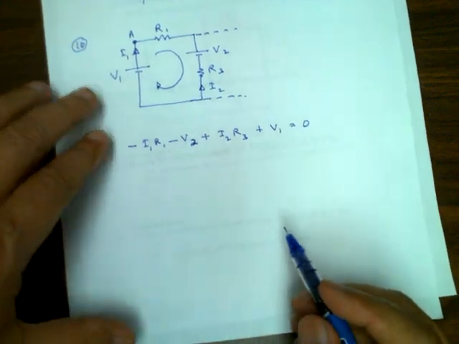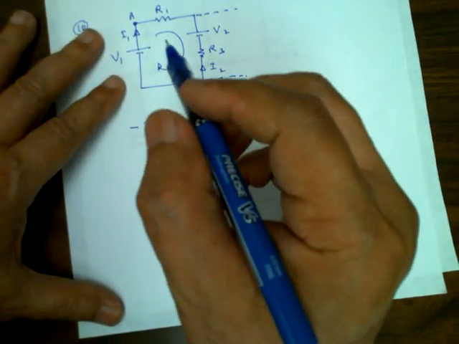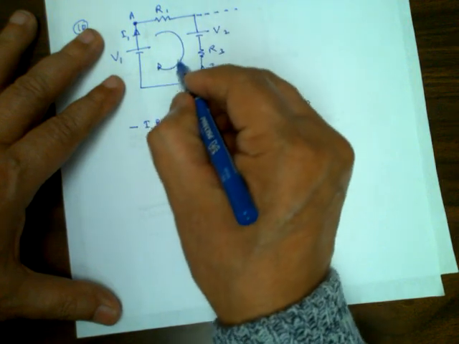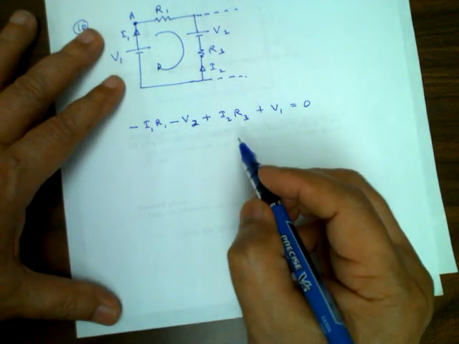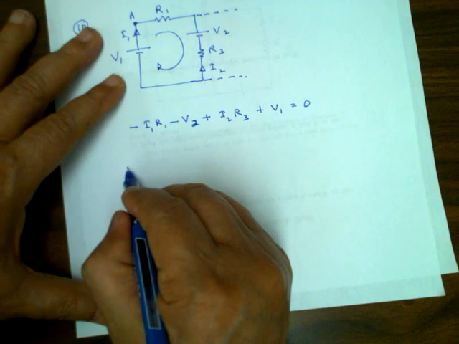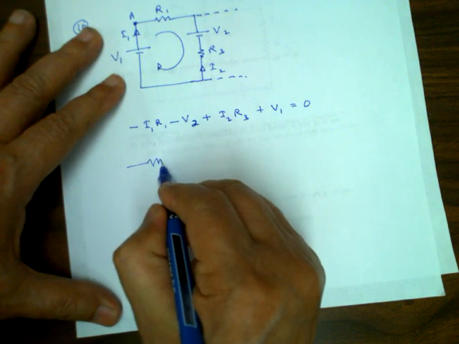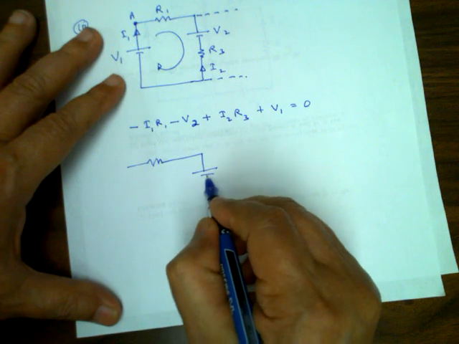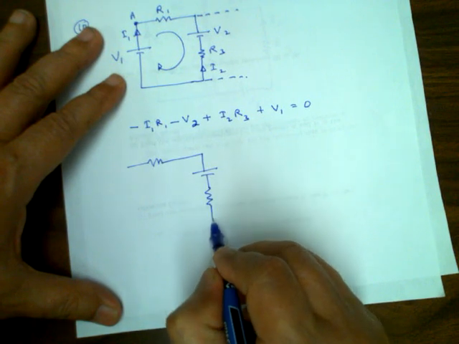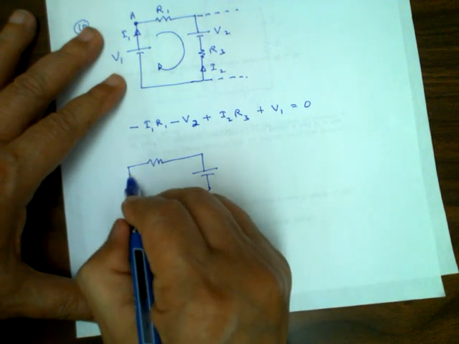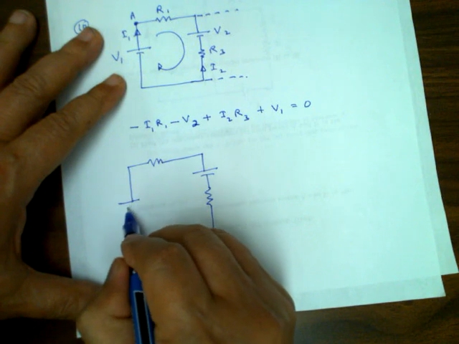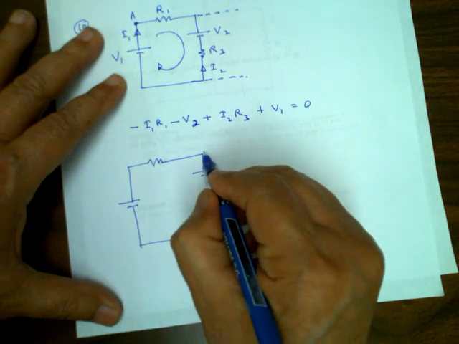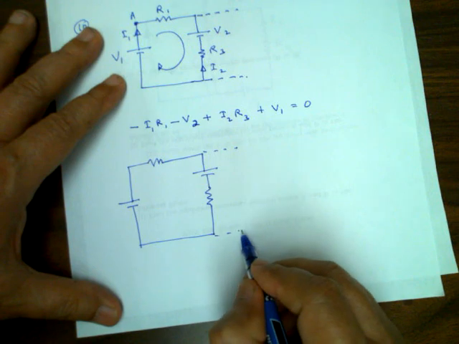Now let me show you something. Here, instead of walking clockwise, let's suppose I walk it in the opposite direction. Let me draw the circuit again. Only half the circuit, right? So it will be not the whole circuit, but only this loop. So the dot dot dot is on the other loop, okay?